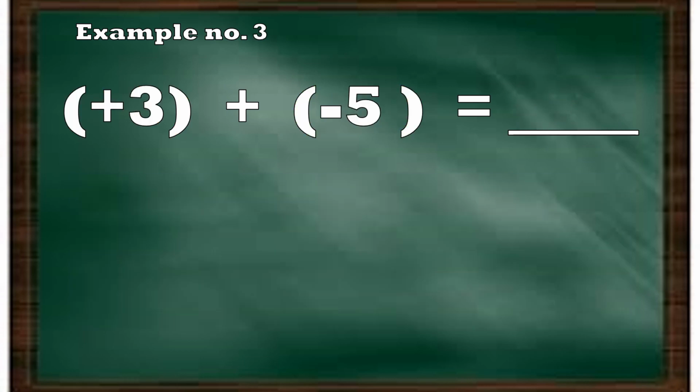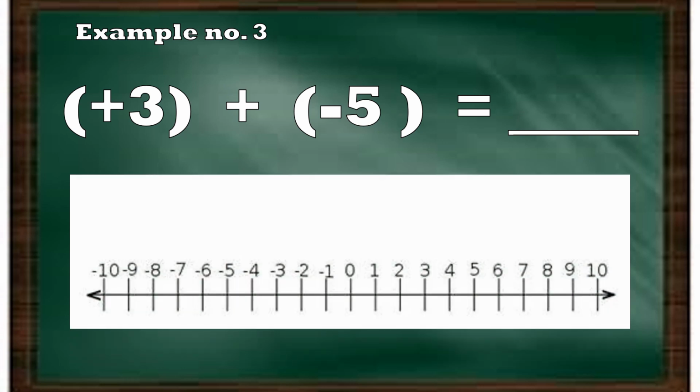Okay, next example. Example number 3. Positive 3 plus negative 5. Again, let us have first the number line. Then, according to the first step, we will locate the positive 3 on the number line.